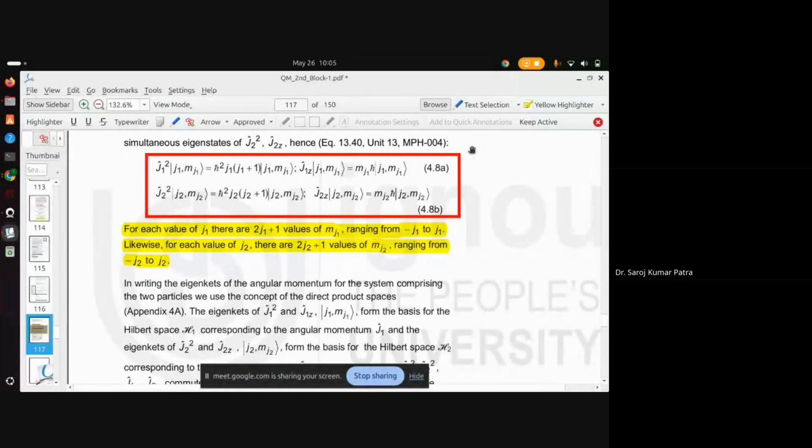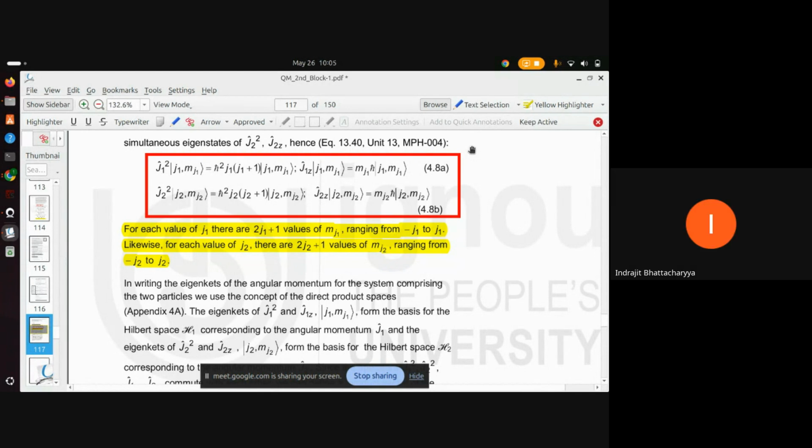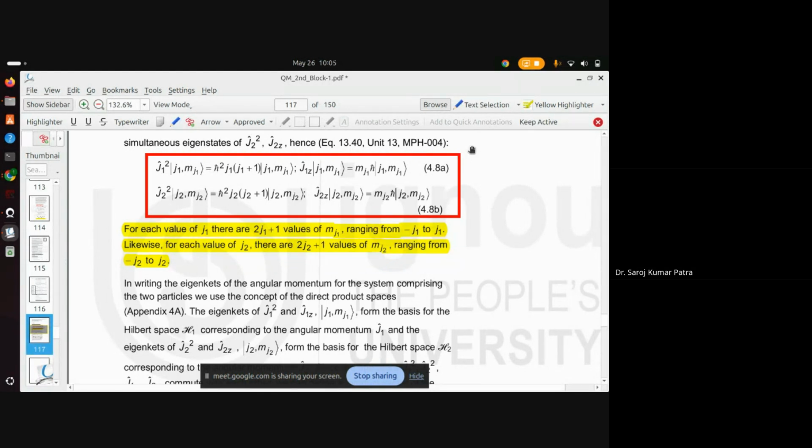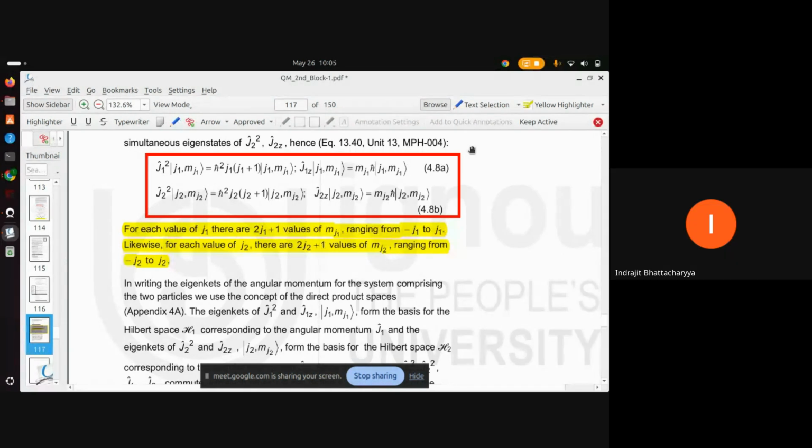It will be quantized. For certain values only, it will give you the eigenvalues. So that kind of quantizes the space. That is also called space quantization. That means the angular momentum cannot take all possible values.